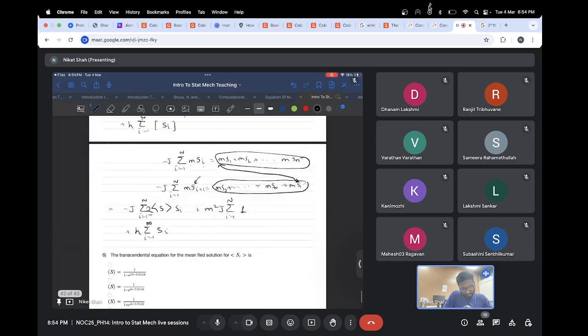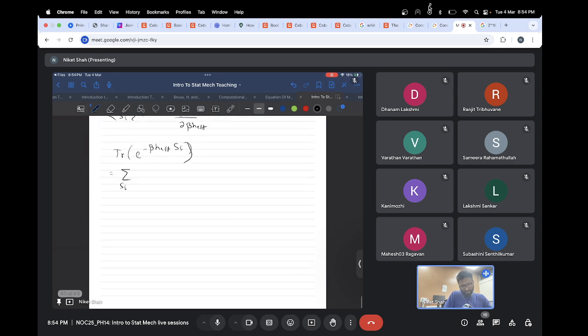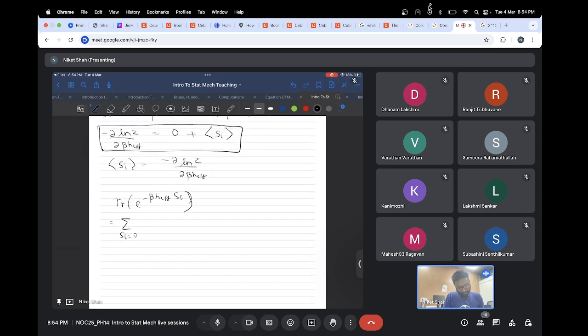The model that we have been using has only two values of si, which is si equal to 0, comma, 1.